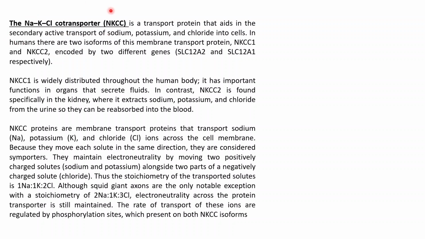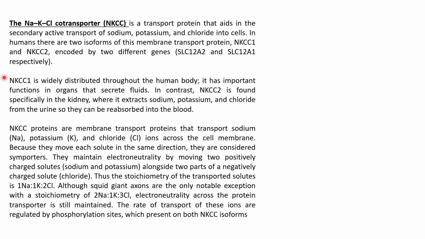Without the initial energy expenditure, this process would not be possible. Okay, so this can be for sodium, potassium, chloride into cells. And in humans, there are two isoforms of this NKCC. You can have NKCC1 and 2, and they have some different genes.